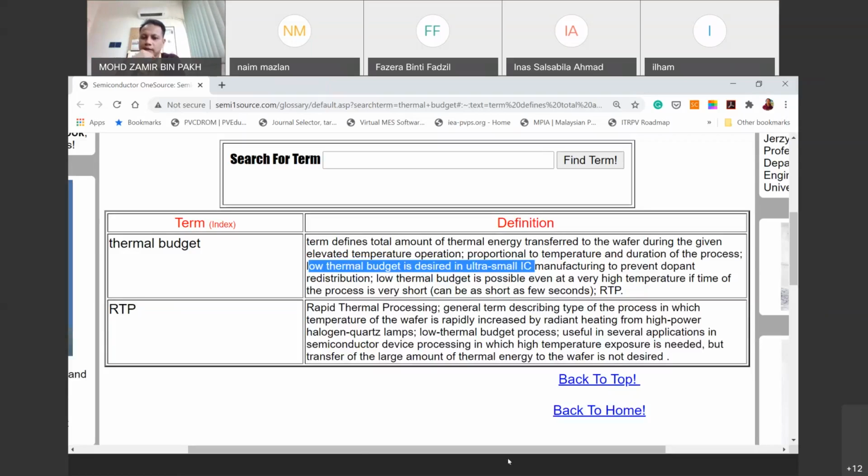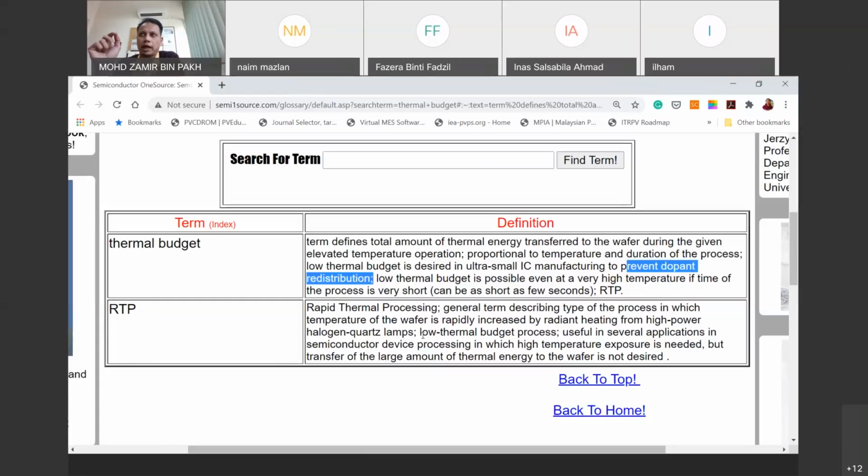So we want low thermal budget in the processing to prevent dopant redistribution, right? To prevent dopant redistribution. If you're talking about fabricating semiconductor devices with microns of dimension, then maybe thermal budget is not a big issue, in comparison to low technology node where thermal budget is very, very crucial.